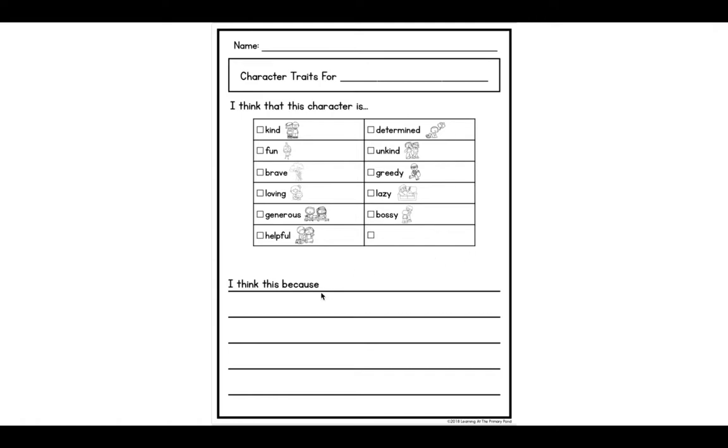And then support your choice with evidence from the text to prove that they are this way, that they are kind or that they're greedy, and so on. You can use the sentence stem, I think this because, to help you with organizing your writing.